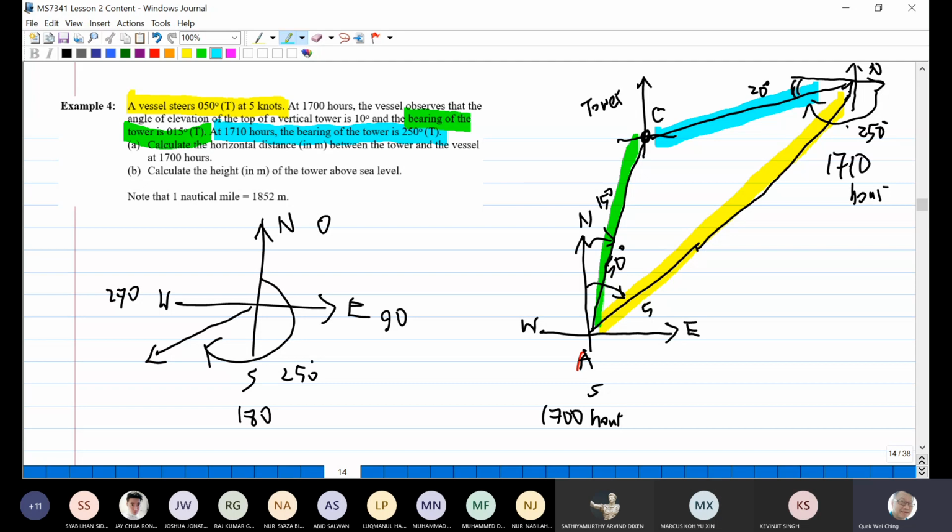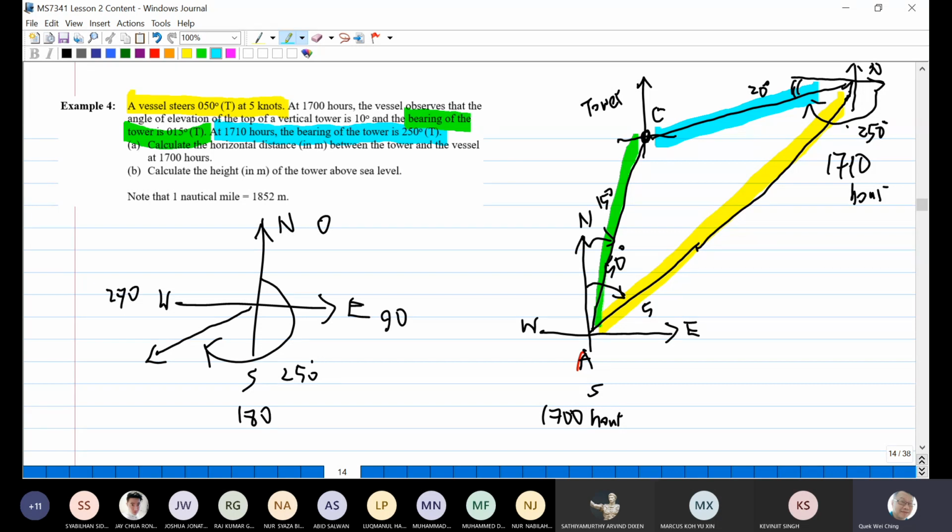First of all, calculate the horizontal distance between the tower and the vessel. But before that, let's see the distance the ship moves from 1700 to 1710. It's moving at 5 knots per hour.